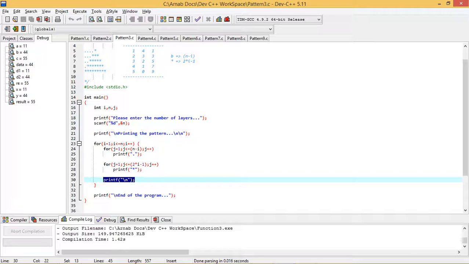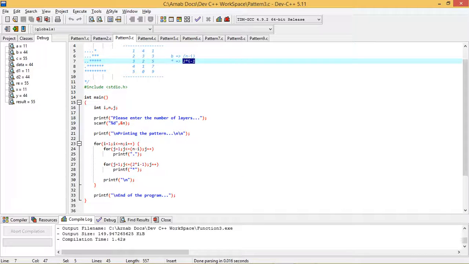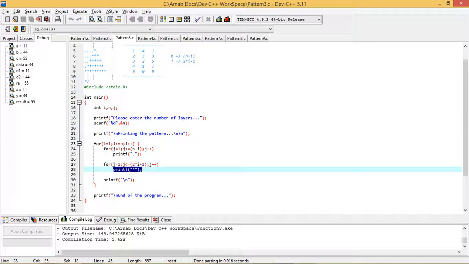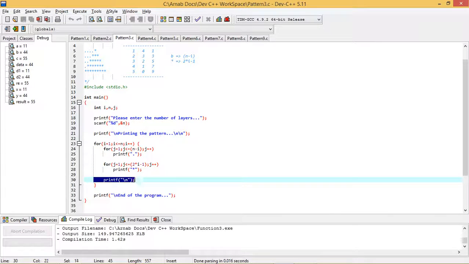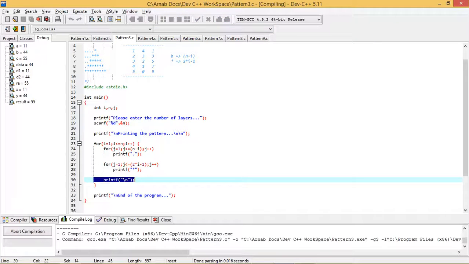And how many stars at the ith layer? 2 star I minus 1. So for j equal to 1, j less than or equal to 2 star I minus 1, j plus plus, here we are printing the stars. And this printf slash n will break the continuity of the layer so that the next layer will start printing from the next row. So let me execute my code.